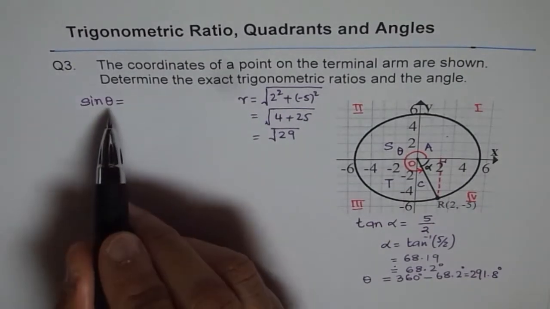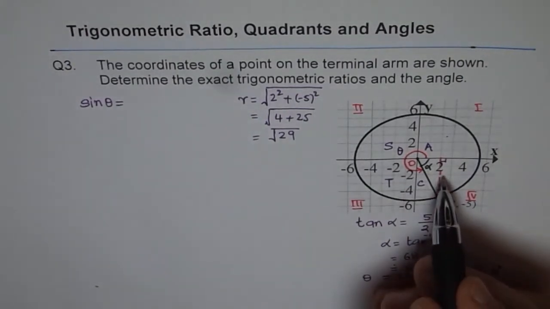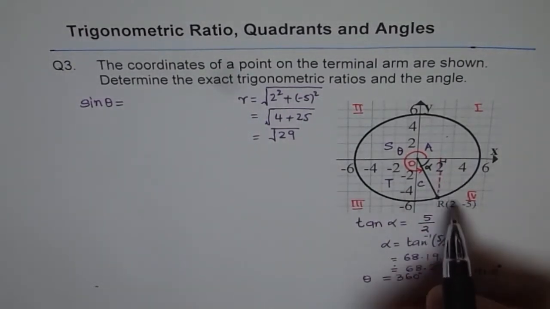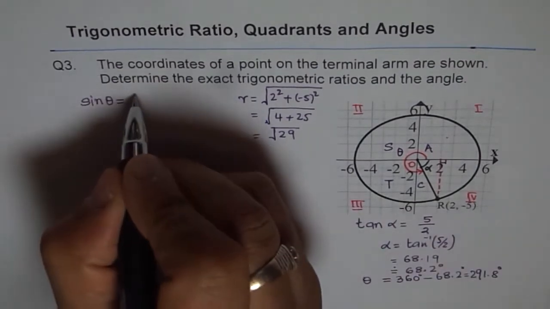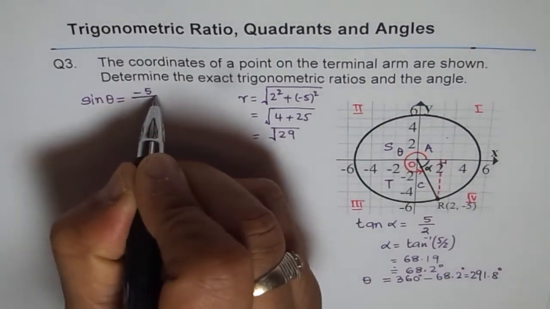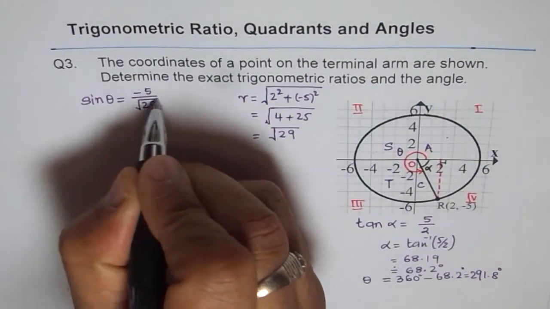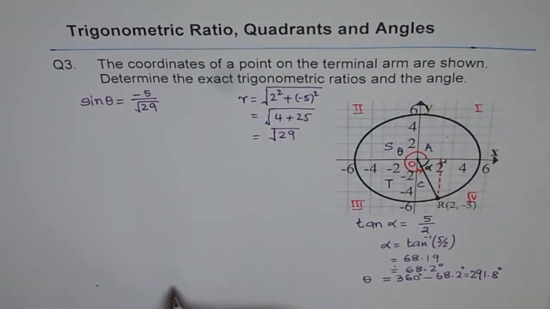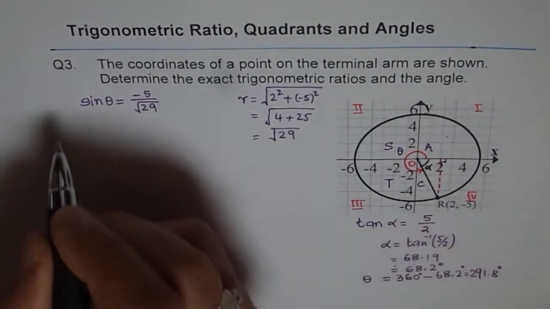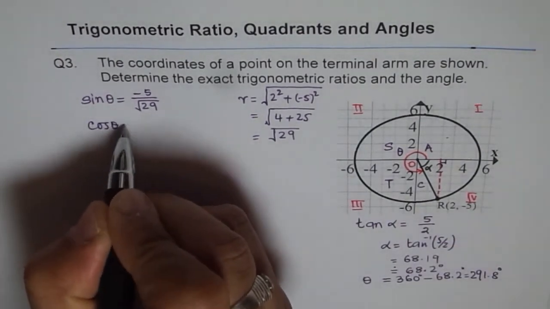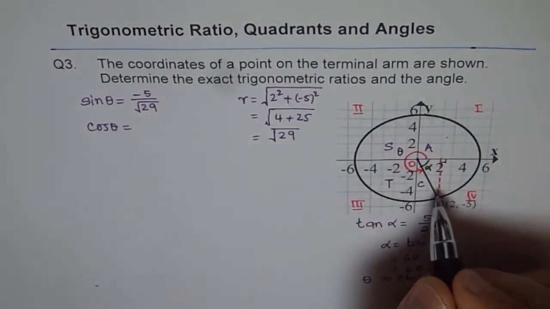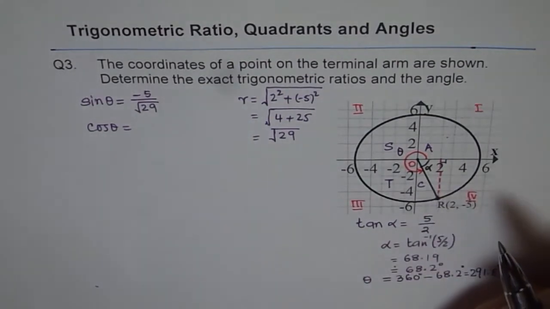Now sine theta is opposite over hypotenuse. Opposite here is minus 5, and so we get minus 5 over square root 29. So that's the value of sine theta. Cos theta will be a positive value. In this quadrant, cos is positive, right? That is also a check for you.